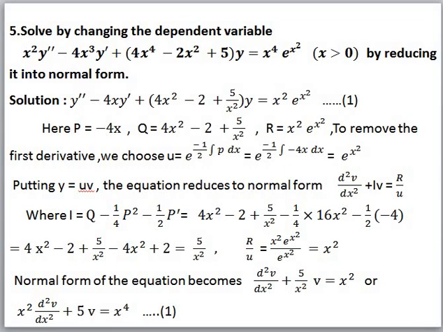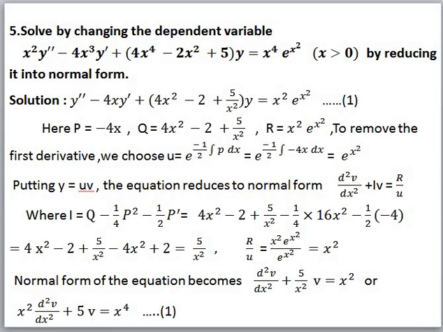So the integration of x is x²/2, the 2 gets cancelled, and u is e^(x²). Putting y is equal to uv, the equation is reduced to normal form: d²v/dx² plus I times v is equal to r divided by u, where I is equal to q minus 1/4 p² minus 1/2 p′.